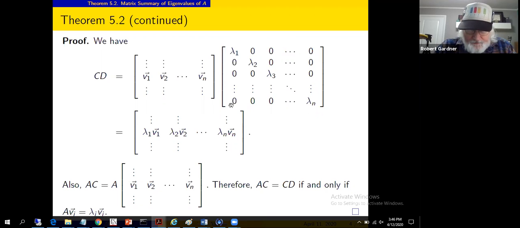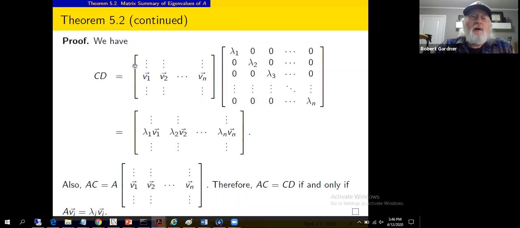We multiply that first row times this first column, dot product style. We'll get lambda 1 times the first component of v sub 1, and then zeros below that, times those other first components. So in the product, up here in the upper left, we'll have the entry lambda 1 times the first component of the first alleged eigenvector.